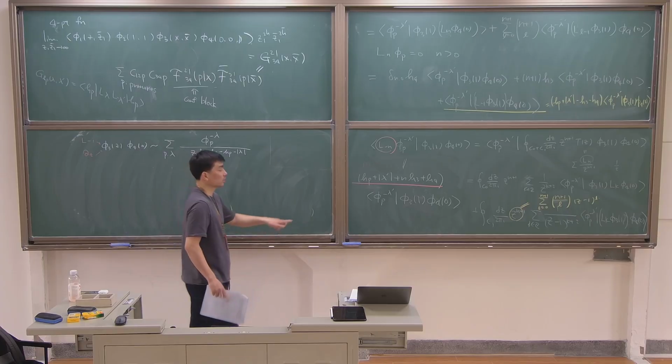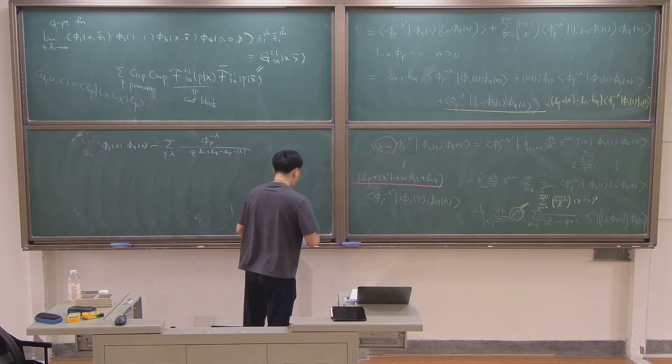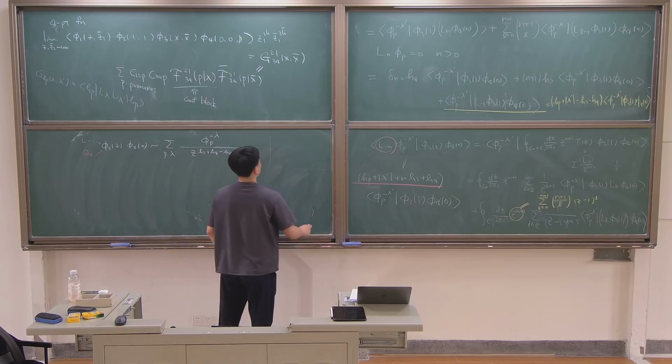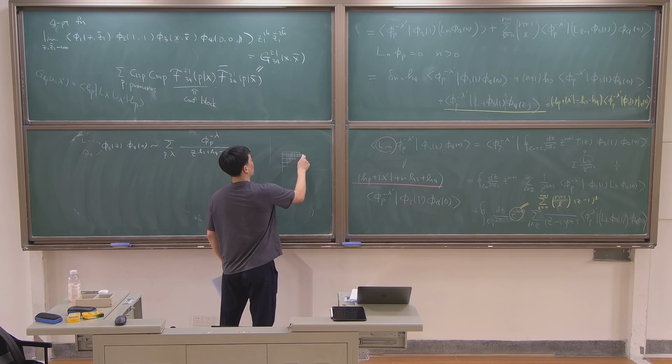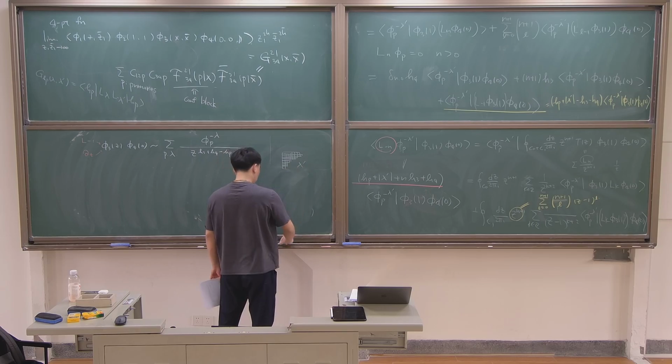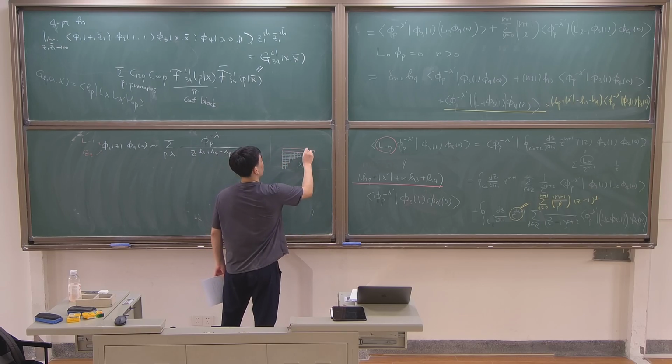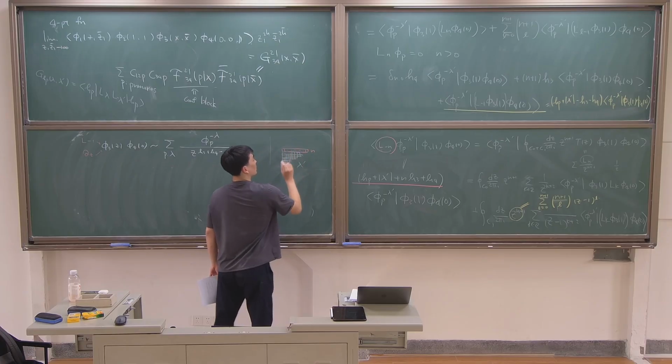And you can do it recursively. So this means that it's a dimension. So you have lambda, and this is lambda prime, and you just add n boxes here, n boxes here, n boxes here.